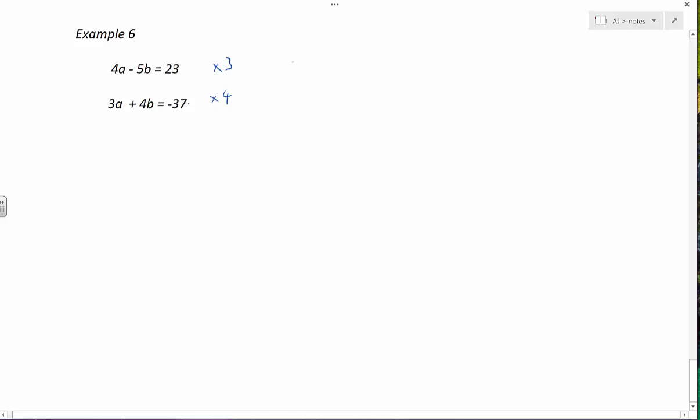Multiplying throughout by 3 will give us 12a minus 15b equals 69, and multiplying throughout by 4 here will give us 12a plus 16b equals minus 148. 37 times 2 is 74, times 2 is 148.